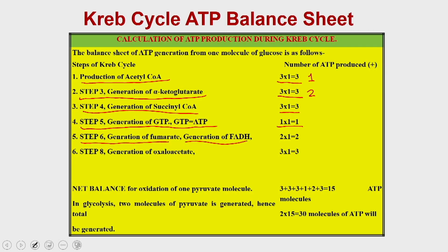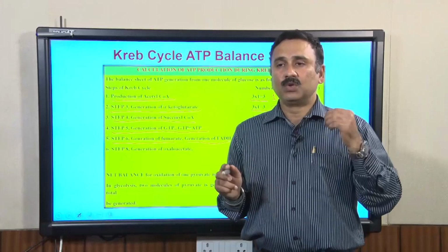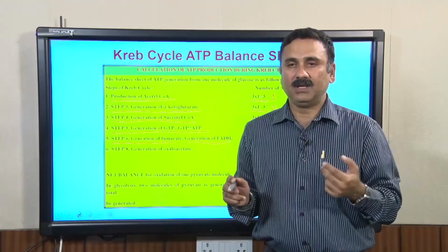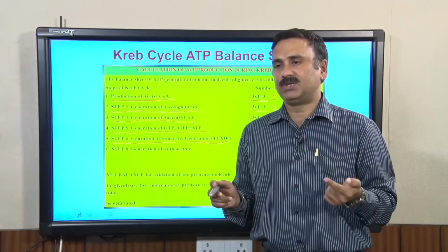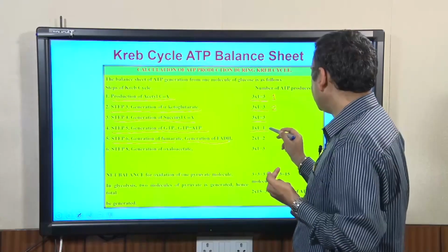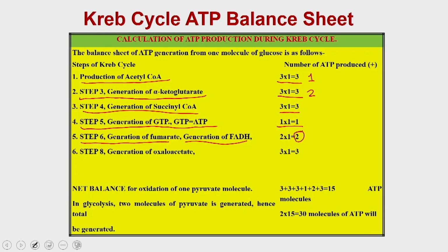One molecule of FADH, when it goes for oxidation in the electron transport chain, generates 2 molecules of ATP. And then the last step, you generated the oxaloacetate, and that also gave 1 NADH. So, that is how you have generated the 3 ATP.